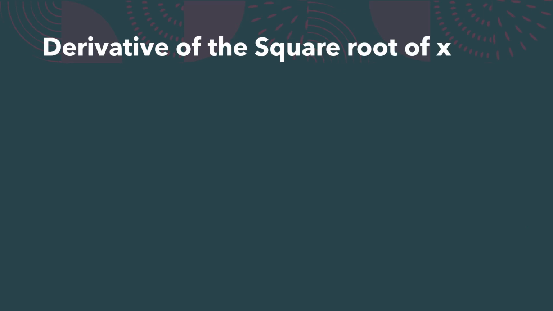And then last, you asked me to find the derivative of the square root of x. So this will be a good one to end on. So we have f of x is equal to the square root of x, and we want to find f prime of x. Now, one way to do this is to recognize that f of x is equal to x to the 1/2 power.